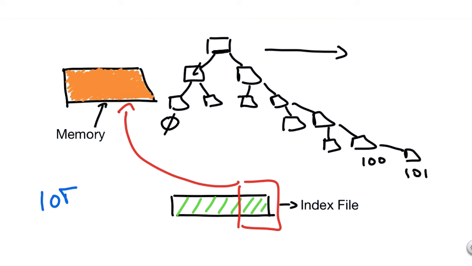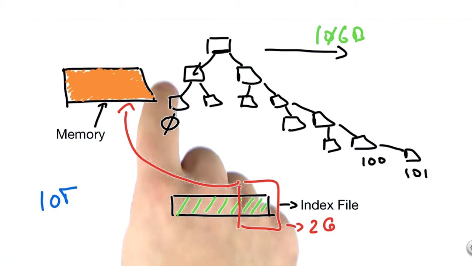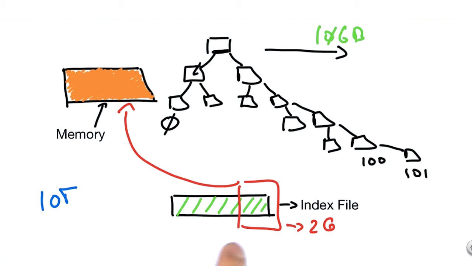Therefore, if your total index size is 10 gigabytes, but the most recently accessed data, the one that we are using the index to query on, is only 2 gigabytes of information, then that's the amount you need to allocate in memory to support those queries.